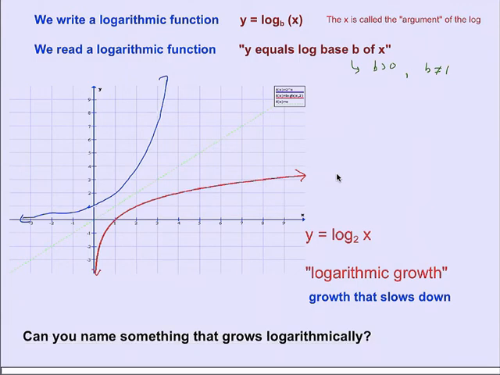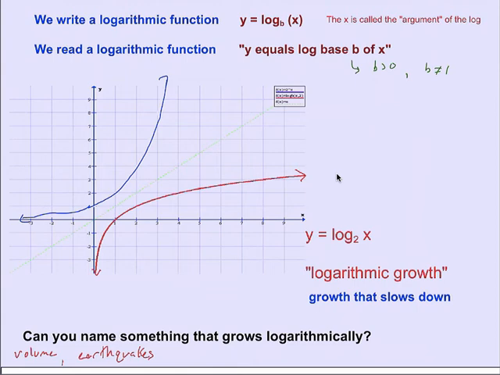And just some examples of things that do grow logarithmically that you'll see in your word problems. Volume and the way human ears, I guess other animal ears too, experience sound is logarithmic. Earthquakes, the way we measure earthquakes anyway, are logarithmic.